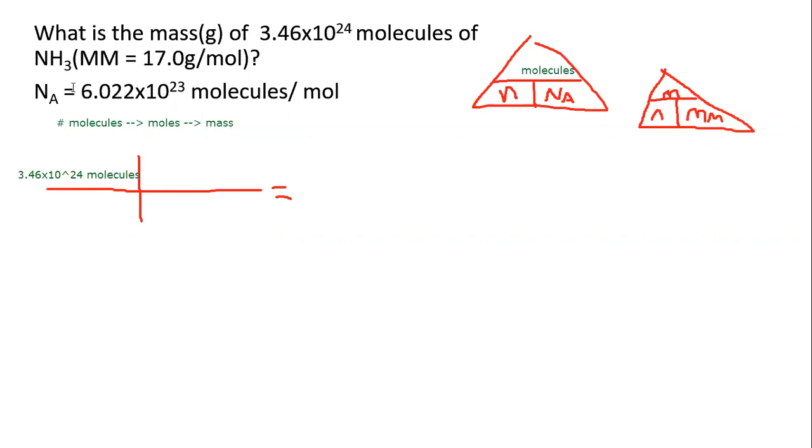So since we're dividing, Avogadro's number goes on the bottom, and mole goes on top. So make sure you use parentheses.